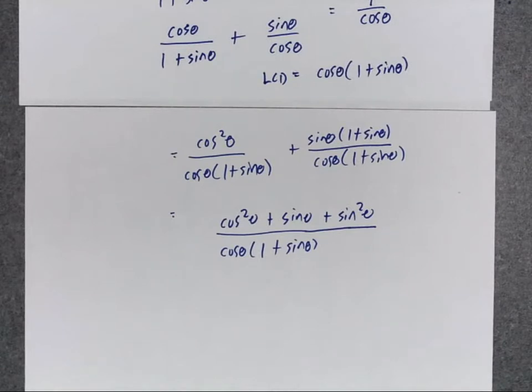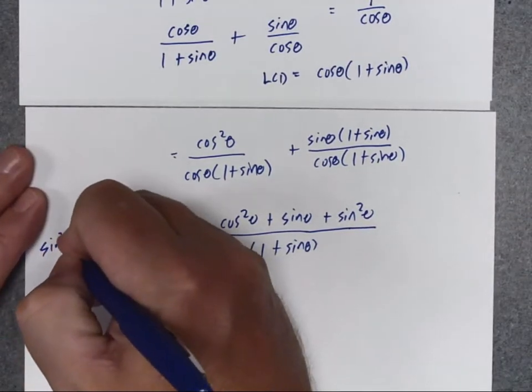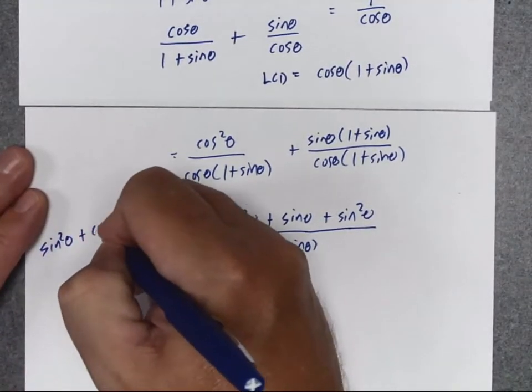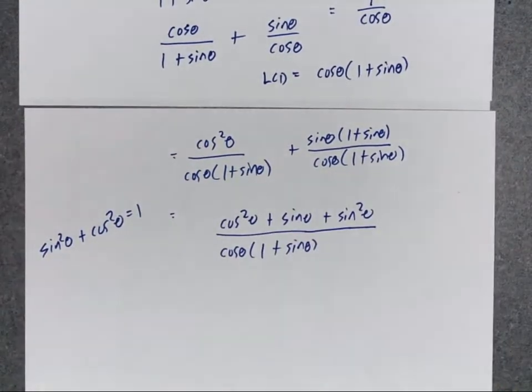But let me stop and tell you probably the most used substitution when you're doing trig identities. Let me go over here and write it. Sine squared theta plus cosine squared theta equals 1. This is the one that gets used all the time.